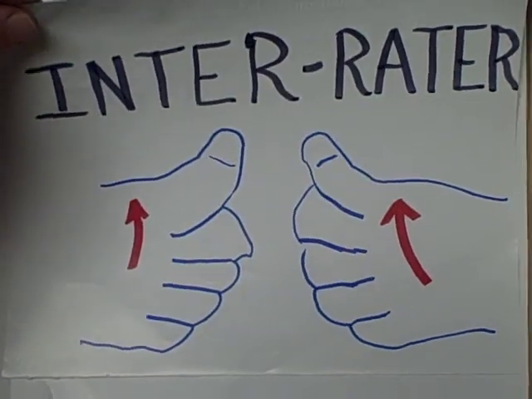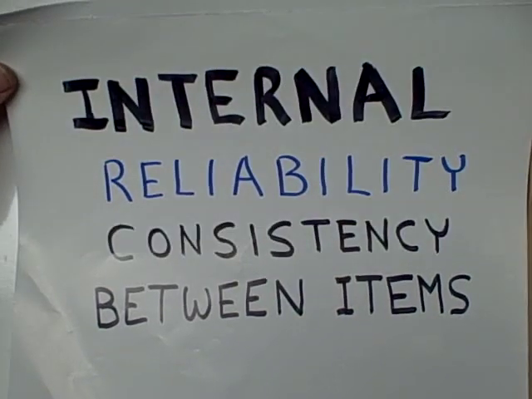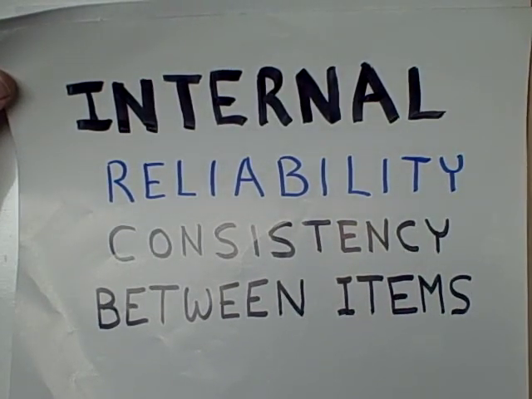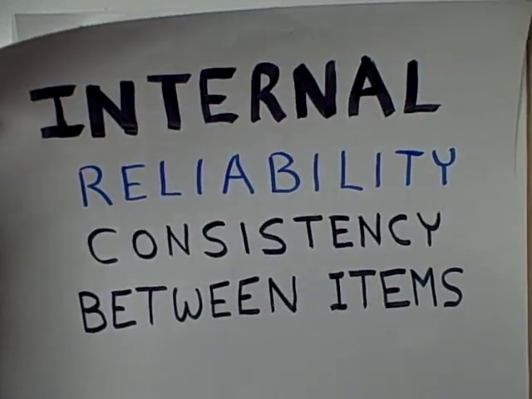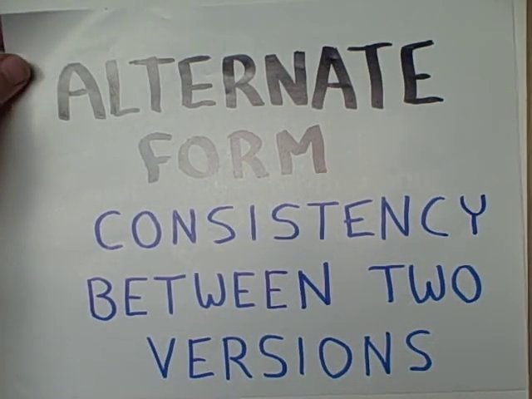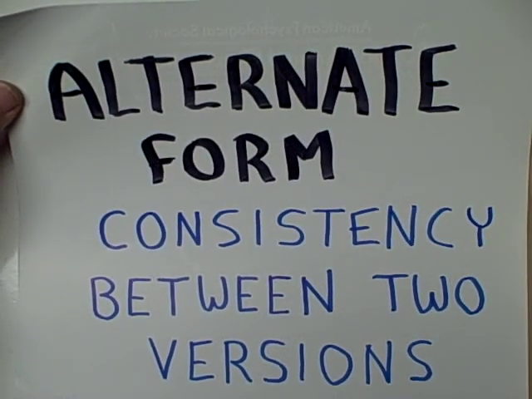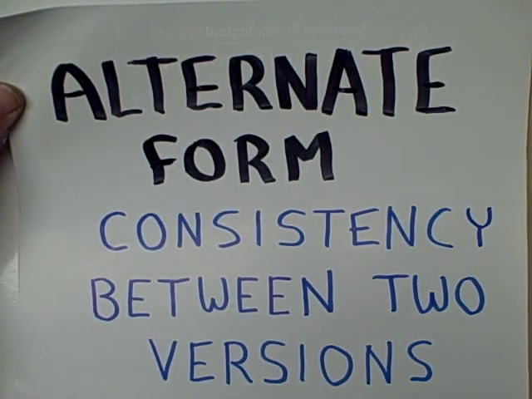There are other kinds of reliability as well. For example, there is internal reliability, which means does the test have different parts, and do the different parts of the test show a consistency between the different items. Then we have sometimes a situation of alternate form reliability, where a given test may have two different versions, an oral version and a written version, or a telephone version and a computer online version.